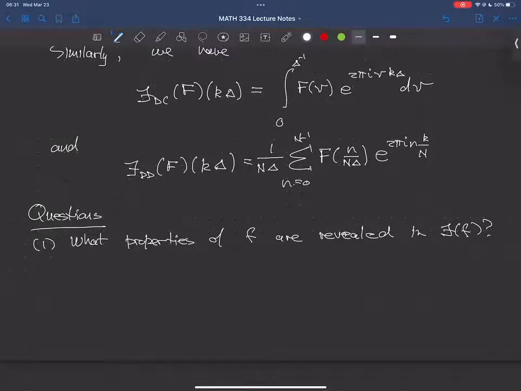This is a useful thing, because sometimes when you collect data, the most meaningful form of the data comes not as signals as a function of time, but by looking at the spectrum of the signals, which really just amounts to looking at the Fourier transform. So being able to understand things about a signal by looking at its Fourier transform is a useful thing to be able to do.